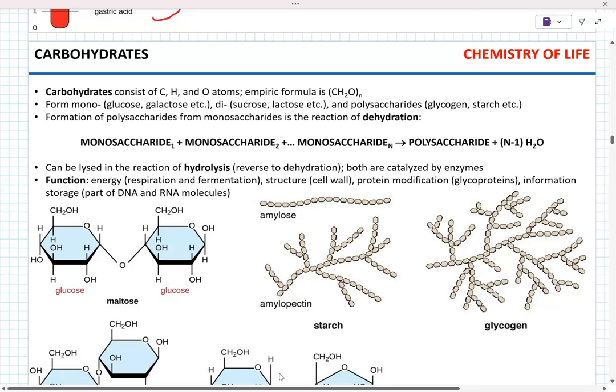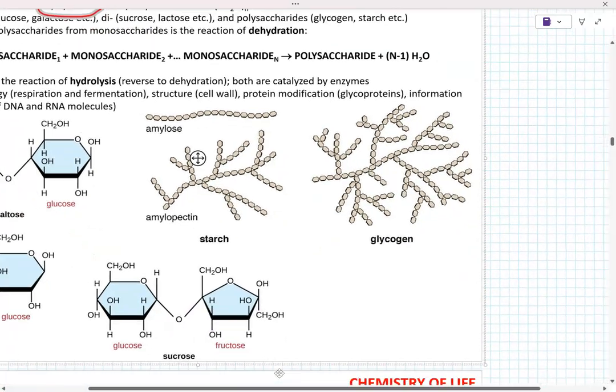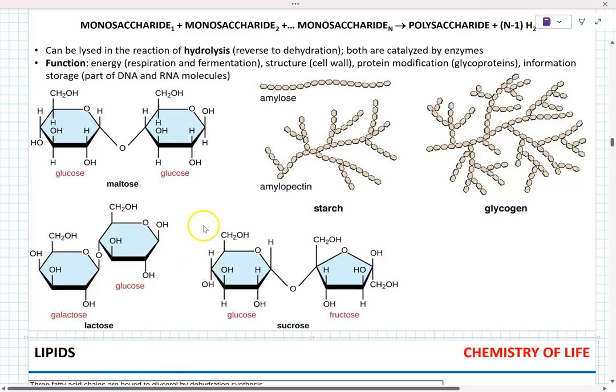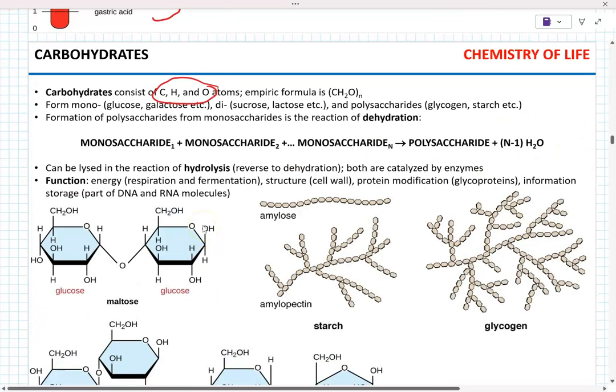Carbs. Things to understand: the composition. This is not a chemistry class. I am not asking you to remember any of these formulas. Okay? I will not ask you formulas. I will not ask you the composition of maltose or sucrose or lactose.